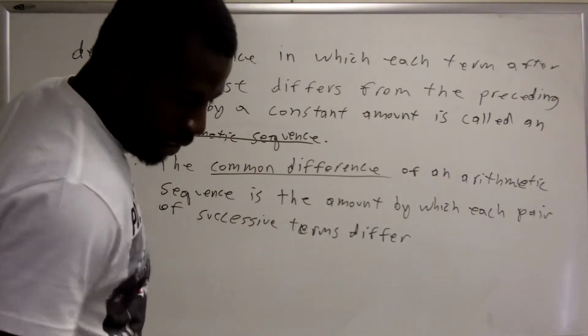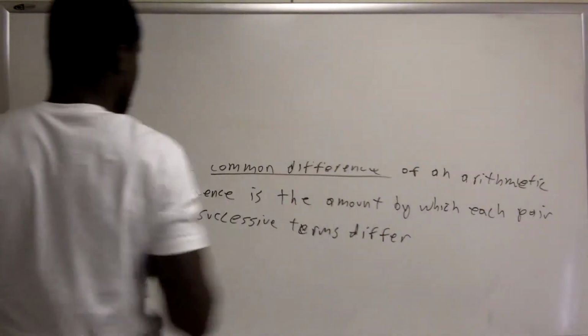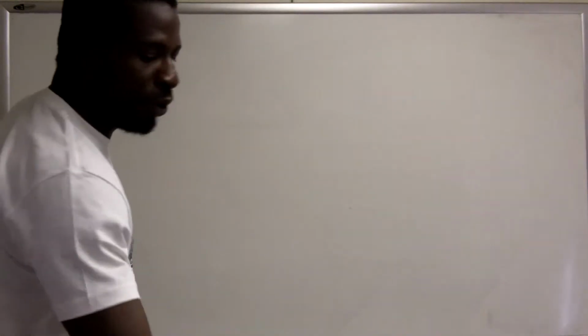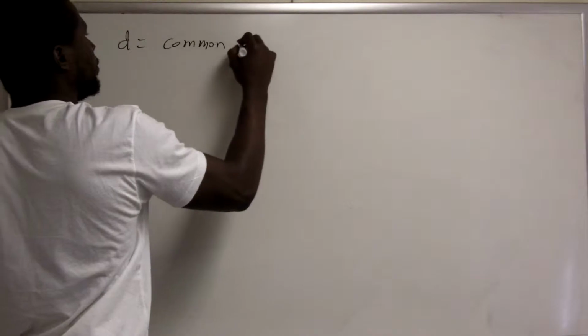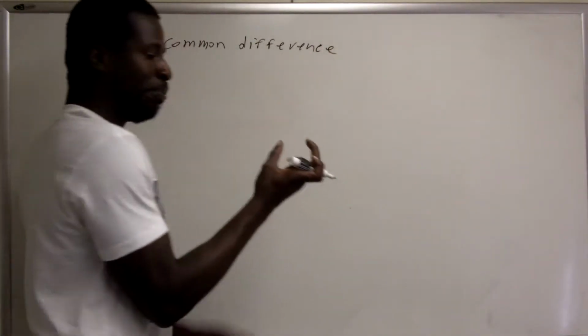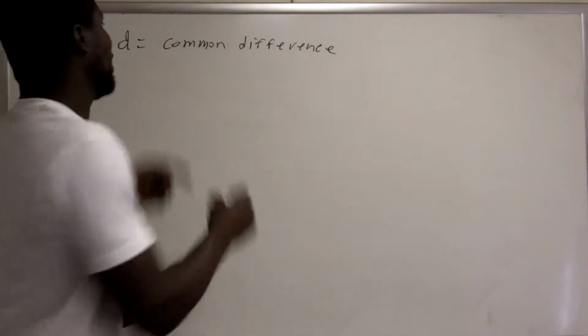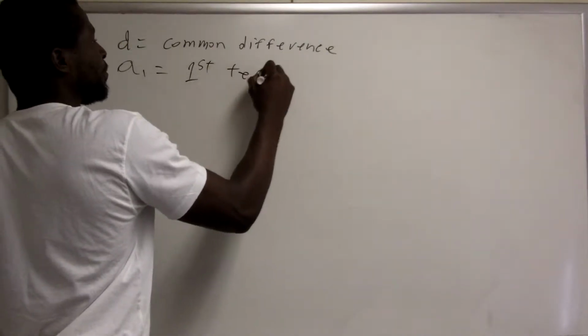So let's take a look at an example. The common difference is going to be denoted D. And remember, each pair of successive terms differs by that amount, D. And A1 is the first term of the sequence.